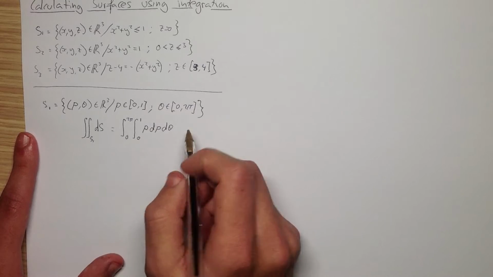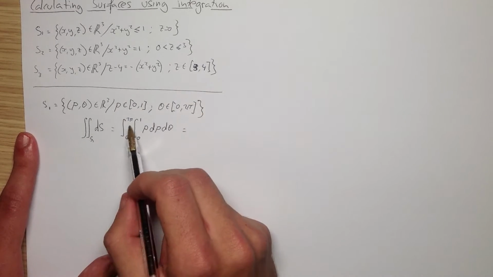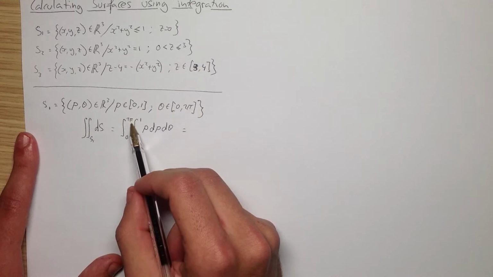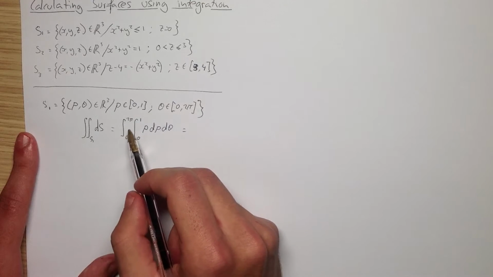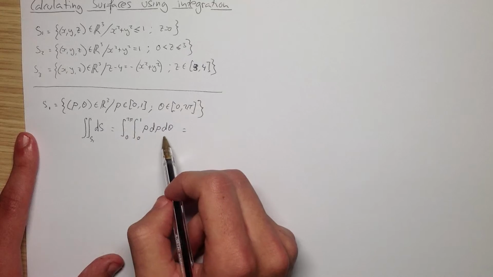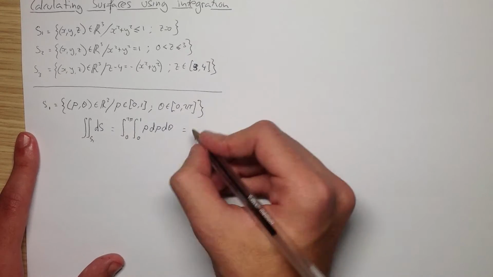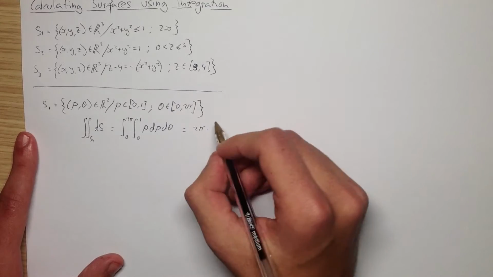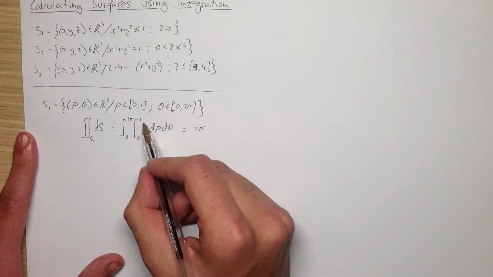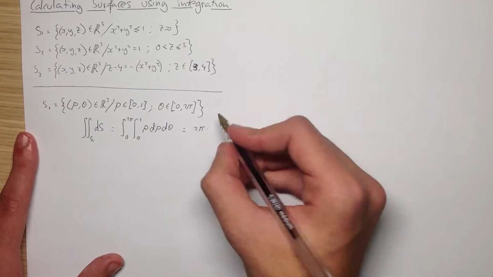So here we can integrate directly, it is independent from this. The integral from 0 to 2 pi of d theta will be 2 pi times the integral of this from 0 to 1.